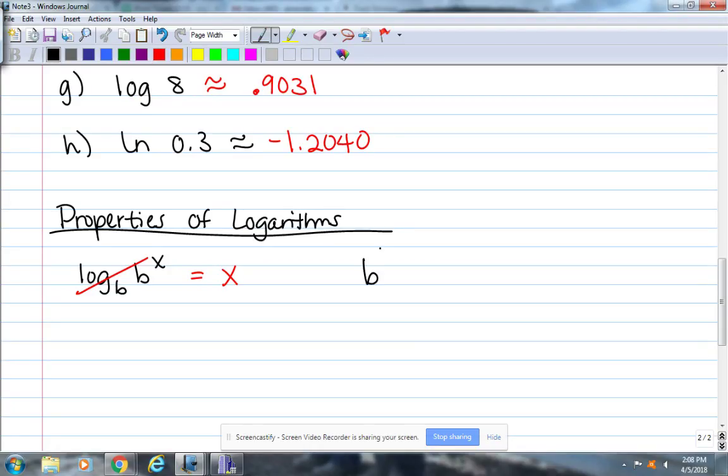Likewise, if I have a base to the log power of the same base of x, the base with the log of that base cancel out and the answer is the exponent. That's how it's a mathematical inverse operation. Logarithms undo exponents. Exponents undo logarithms. Okay? So all this will cancel out, leave you with x. All this will cancel out if it's written this way and leave you with the x.